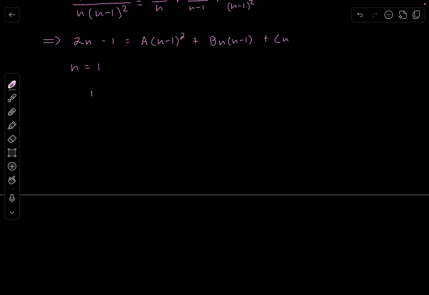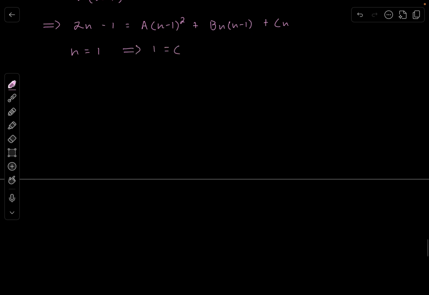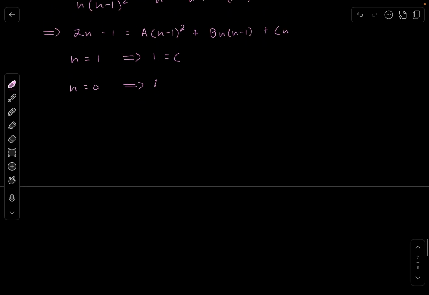We get 1 is equal to c. I'll write that better. This implies that 1 is equal to c. Now, for n equals 0, we get a equals -1. Oh my gosh.